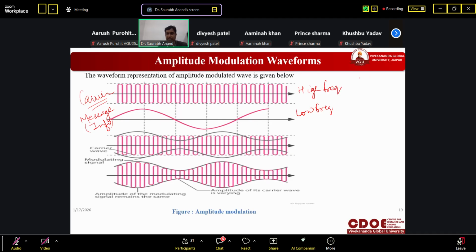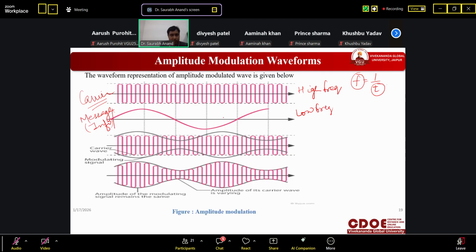So we can see this relation. If time is low, frequency will be high. If time is high, frequency will be low, because it is reciprocal.